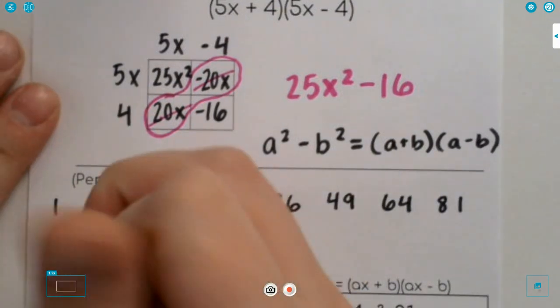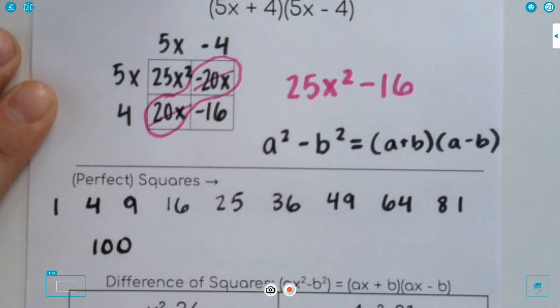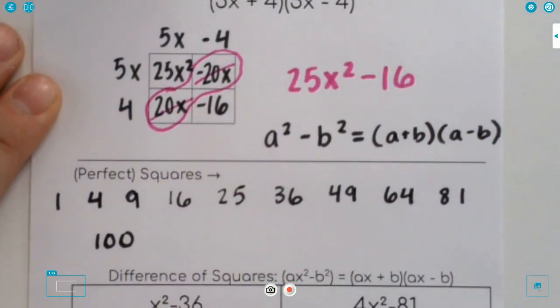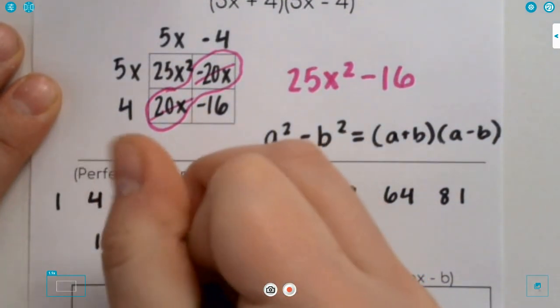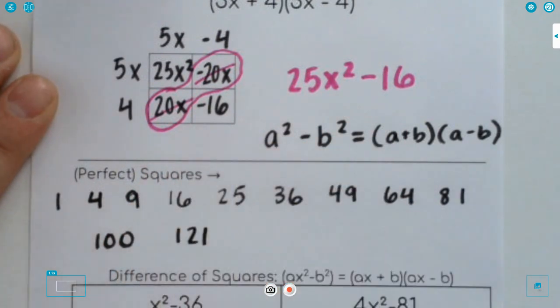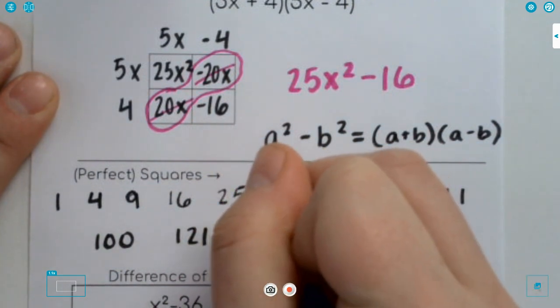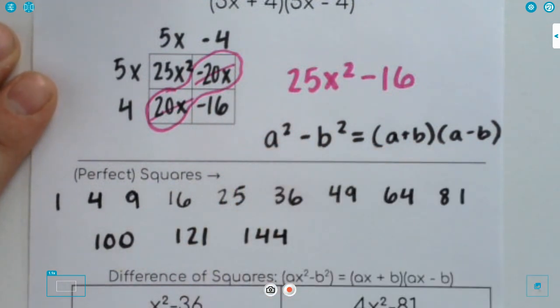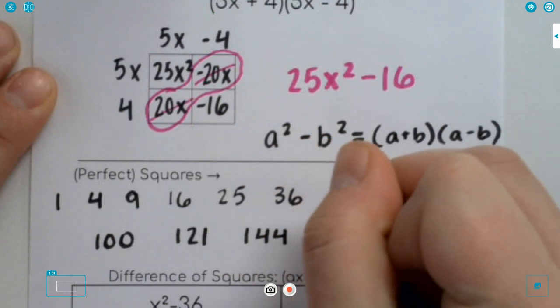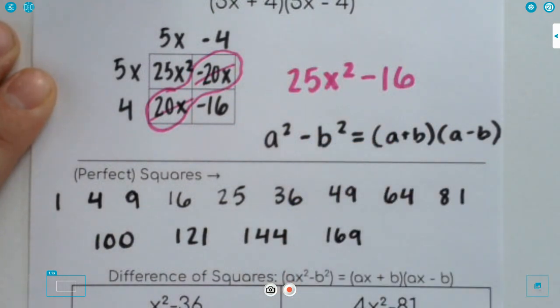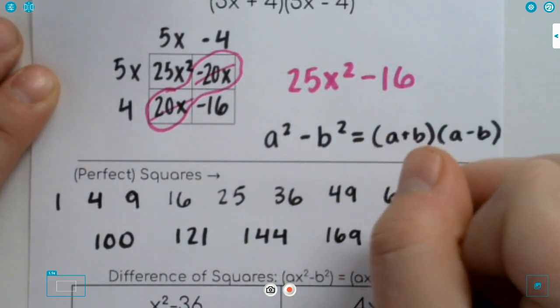10 times 10 is 100. 11 times 11 is 121. 12 times 12 is 144. 13 times 13 is 169. 14 times 14 is 196.